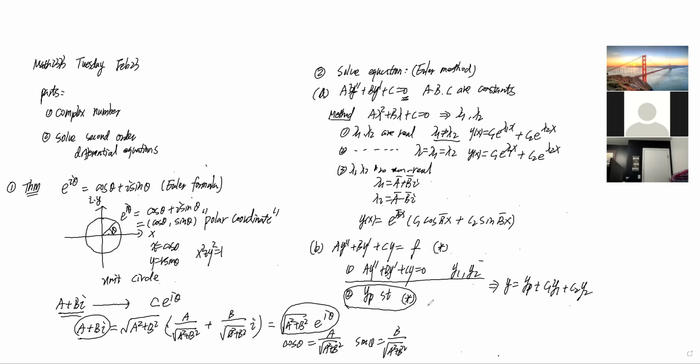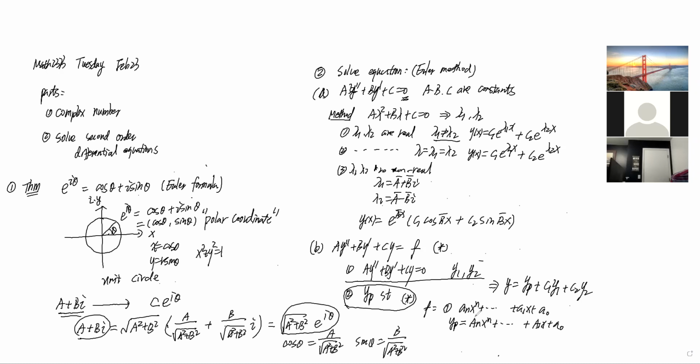For example, case 1: if f is a polynomial, for example, a_n x^n plus ... plus a_1 x plus a_0. For this case, we know the particular solution should be like this, a_n x^n plus ... plus a_1 x plus a_0.